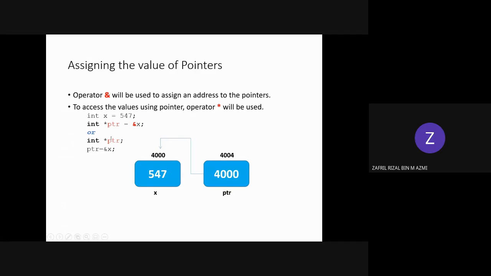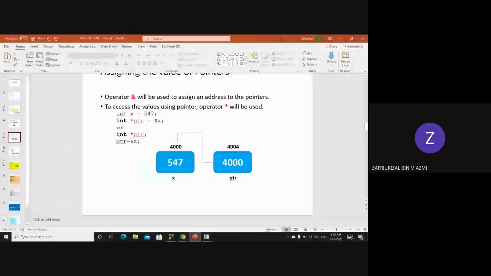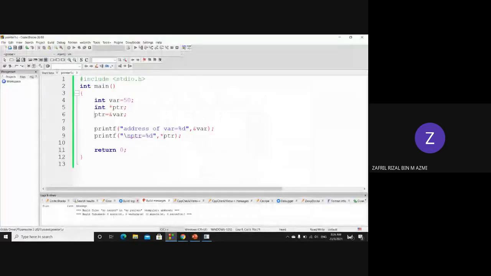So let me show you. This is what I already showed you earlier. You can also declare and assign a value straight away using the declaration. The difference is, if you are using this, there's no star over here when assigning the value. But in the second example, you straight away point to var.